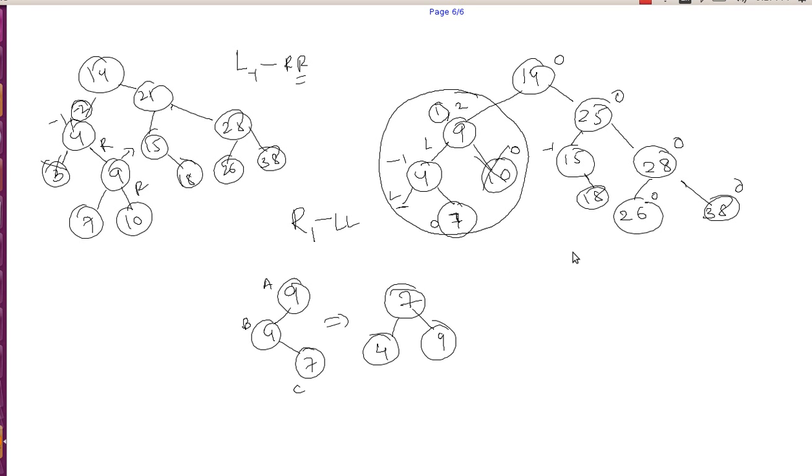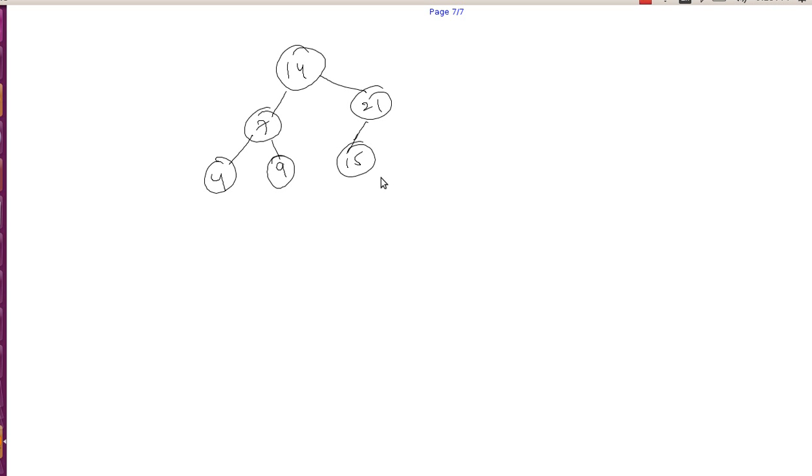So this is your resultant tree. This will be attached to your root node. So the resultant tree will be of this form. We will be having 14, 7, 4, 9, 21, 15, 18, 28, 26 and 30.